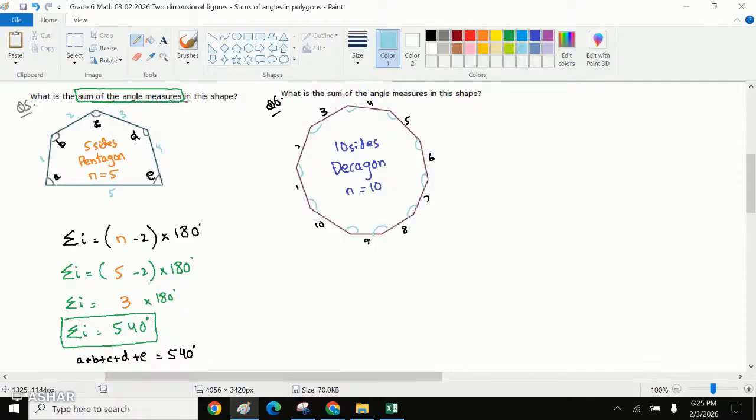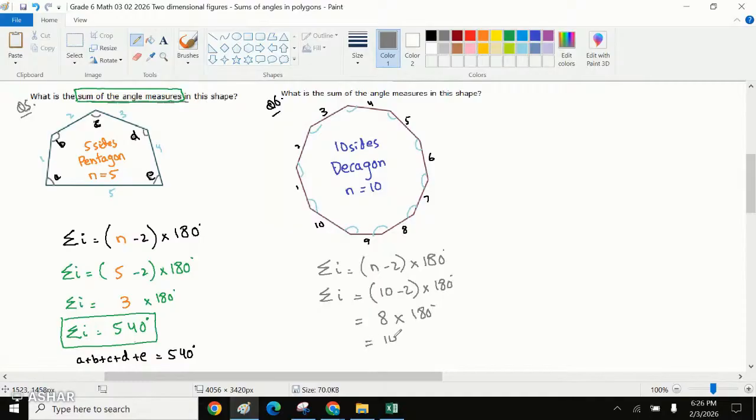So we don't worry about it because we already know the formula that the sum of interior angles is always n minus 2 into 180. We know that there were 10 sides. That means it comes out to be 8 into 180.